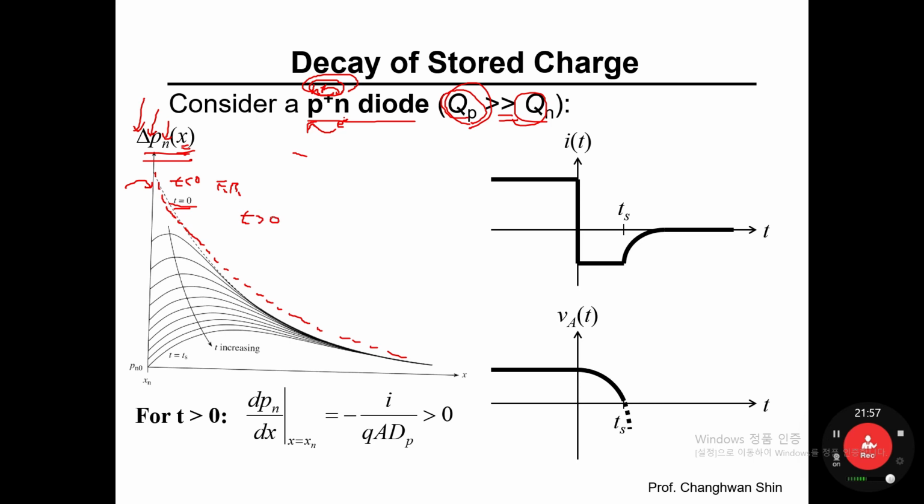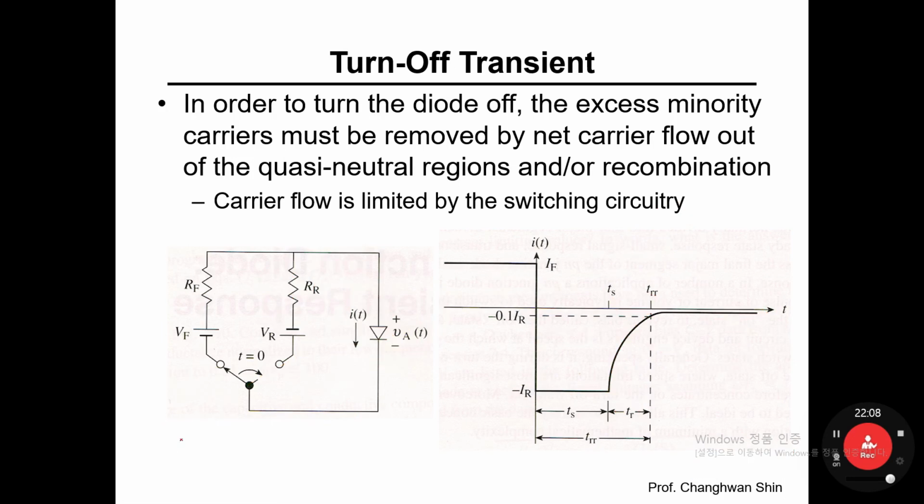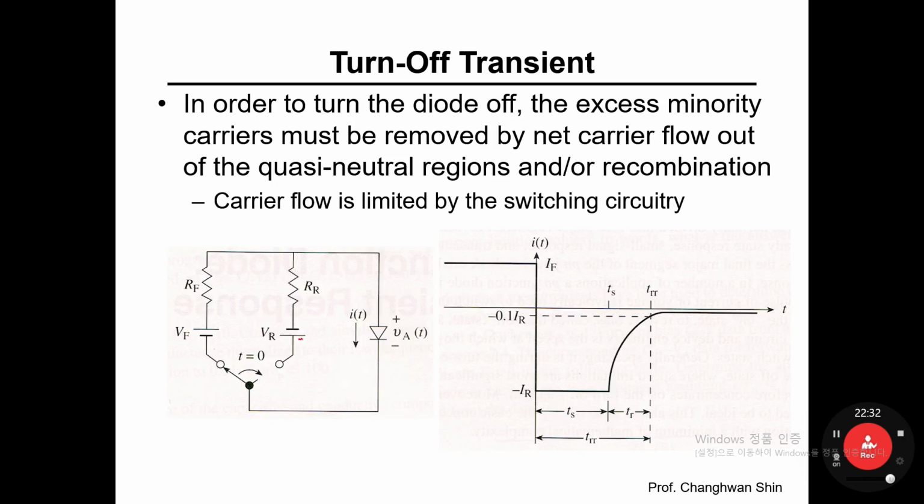However, when time t is higher than 0, the switch has been moved to the node B so that this PN diode has been reverse biased. From that time, the excess holes are now moving toward where? Yes, in this direction. All the stored holes are moving from N to P side. That is the main reason why this plus minus bias has been applied.